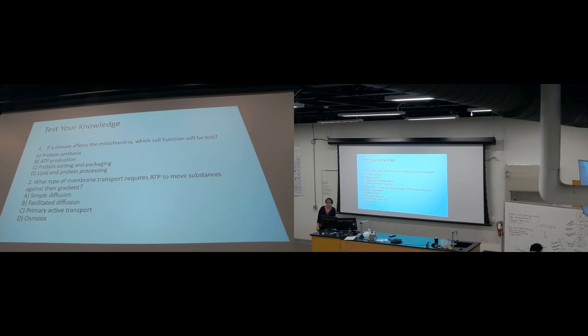Test your knowledge. If a disease affects the mitochondria, which cell function will be lost? Or what function will be lost? A, B, C, or D? B, ATP production. Number 2, what type of membrane transport requires ATP to move substances against their gradient? Simple diffusion, facilitated diffusion, primary active transport, or osmosis?